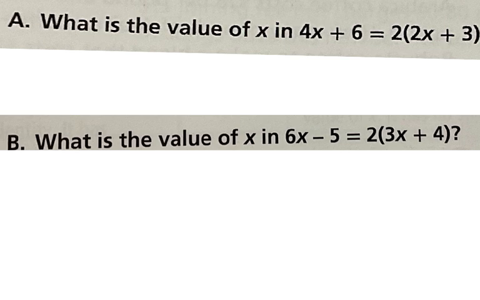That's going to leave me with 6x plus 8 equals 6x minus 5. Now I'm going to subtract 6x, add 5. So this gives me 0 equals 13.